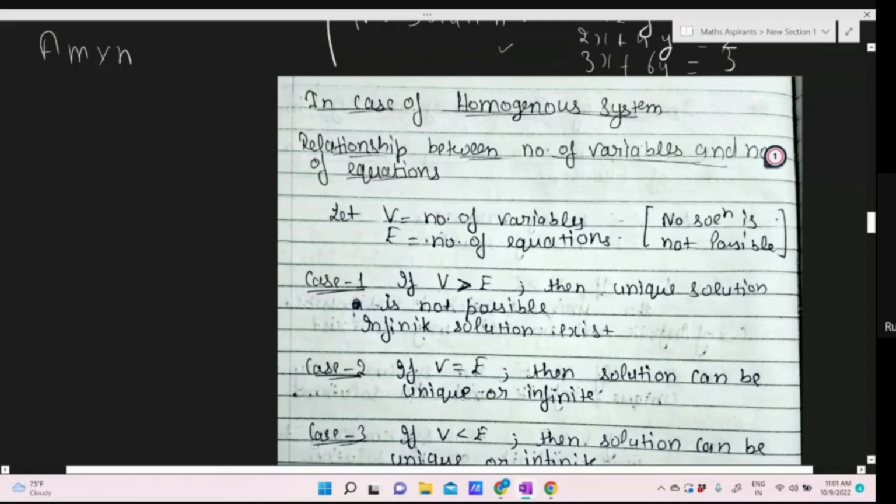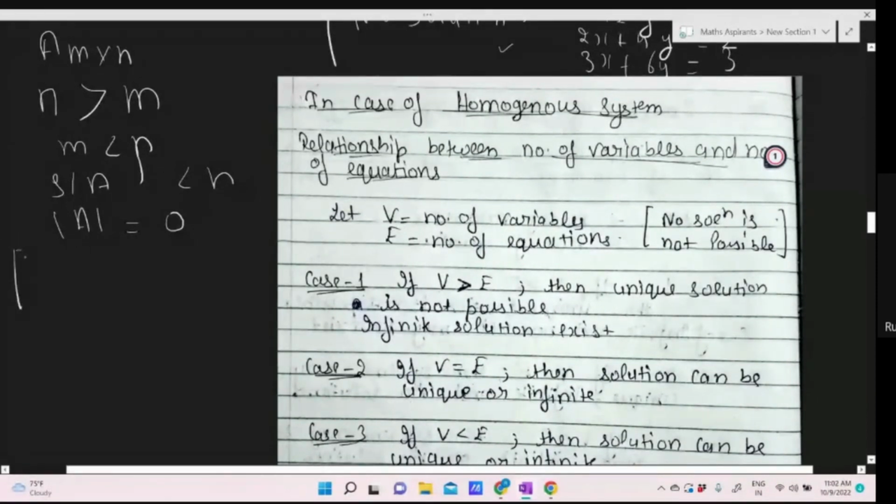The first case is if the number of variables is greater than the number of equations, that is, the number of variables is n and the number of equations is m. If m is strictly less than n, you can easily check that the rank of A is strictly less than n, and this implies the determinant of A is equal to 0. Therefore, a unique solution is not possible. An infinite solution may exist.